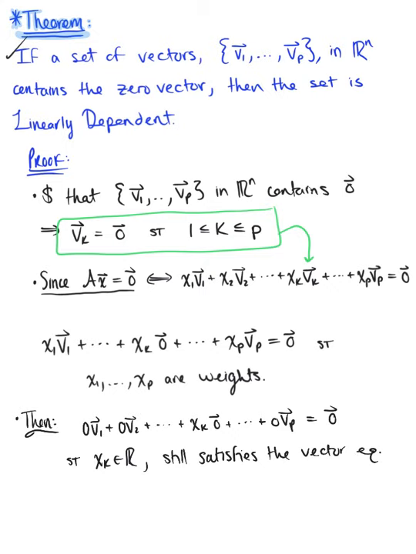This is because anything times the zero vector is going to be 0.